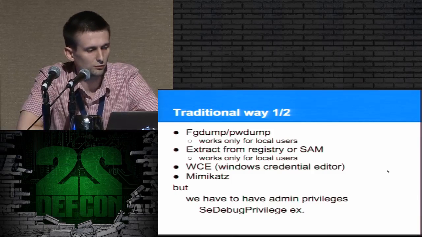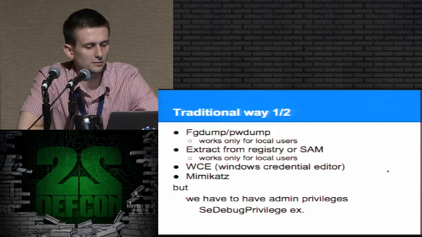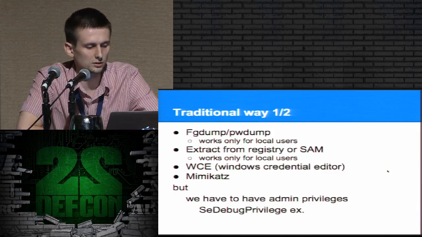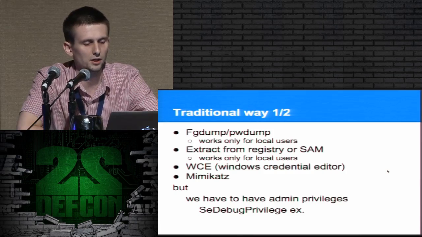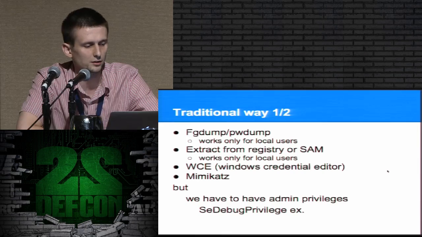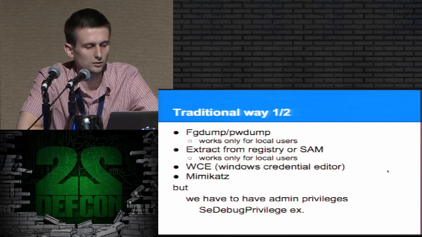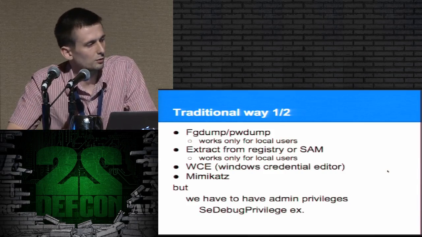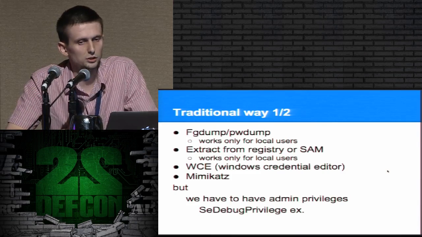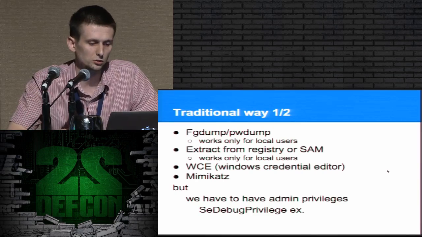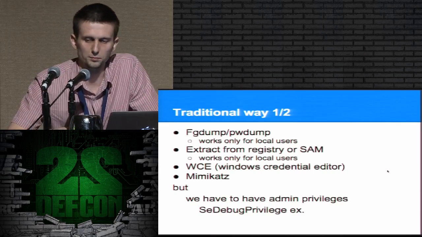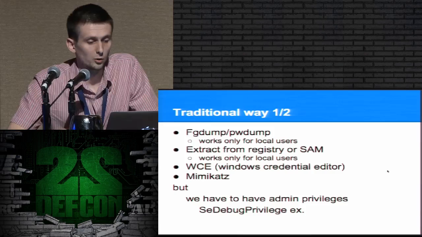But the disadvantage of those ways is that you have to have admin privileges, for example, to grab the registry, or some debug privileges to extract hashes and passwords from memory like Mimikatz or FGDump do. If you remember, in the definition of our task, we don't have admin privileges on our workstation. So we can't use those tools to perform our engagement.